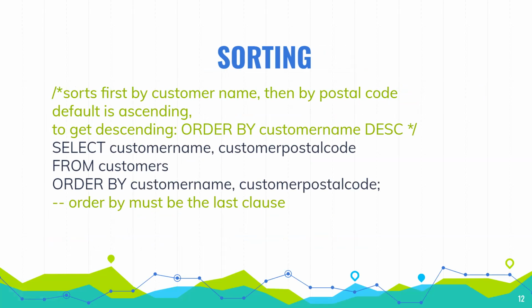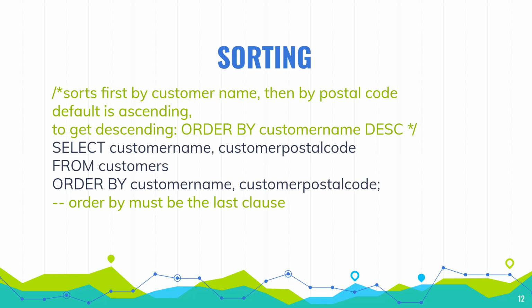Again, building on top of those basic statements, sometimes you'd want to sort it. In this case, let's say we want to sort it by the customer name and then by postal code. You could do select blah, blah, blah from the table, and then you can order by customer name and customer postal code.